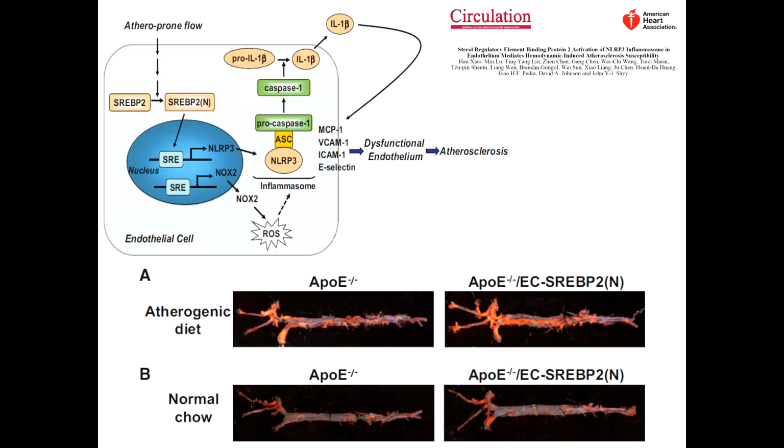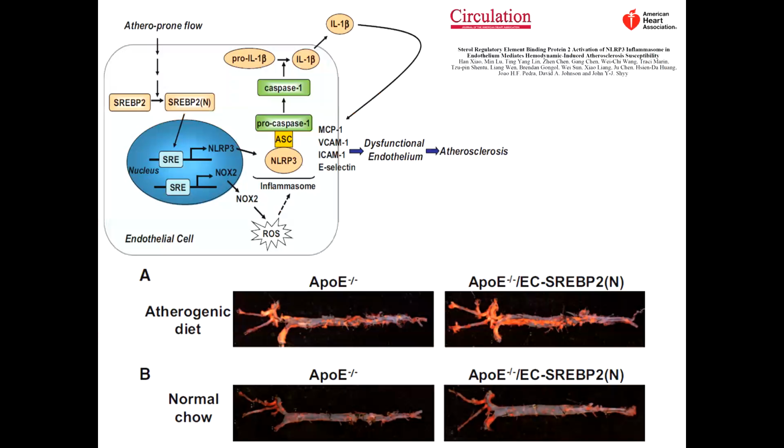What that's going to do is increase the expression of NLRP3. Now, that is a component of the inflammasome, and we talked about the inflammasome before. It's a group of proteins that work together to facilitate pretty much all inflammatory processes that are not healthy.